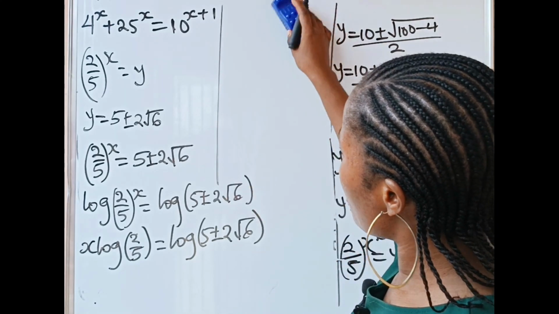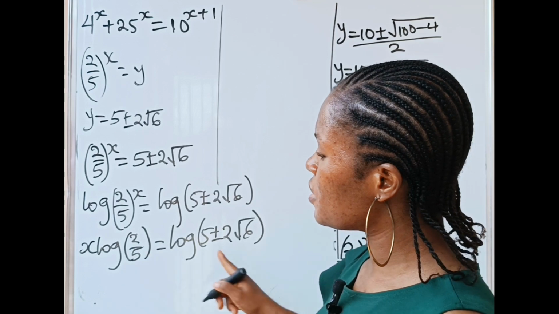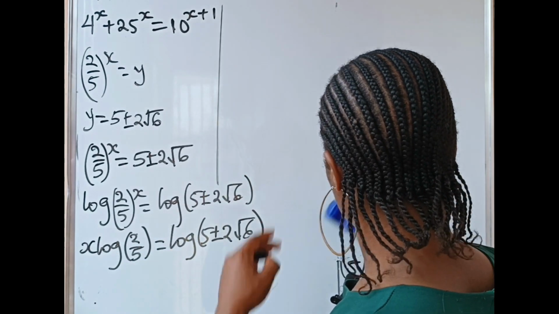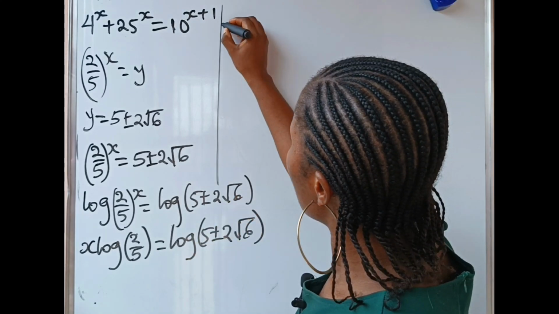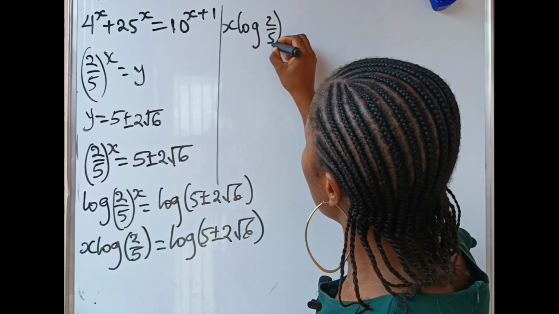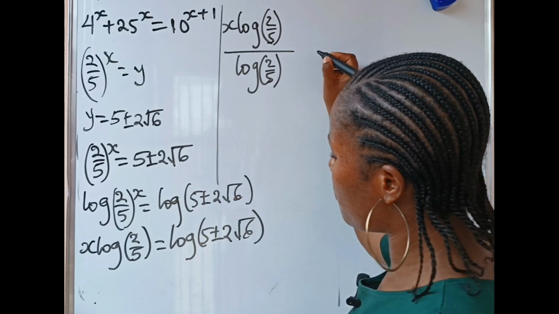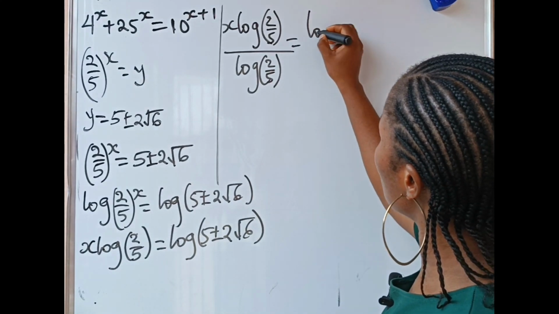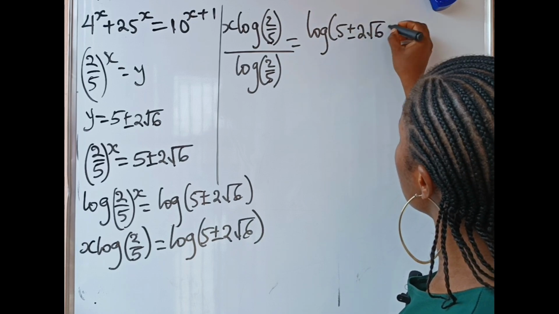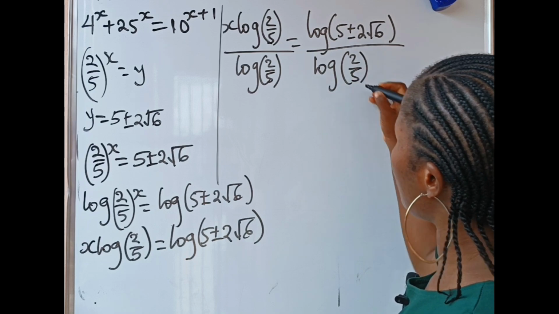Then to get the value of x, we need to divide both sides of this equation by log 2 over 5. So we are going to have that x log 2 over 5, divided by log 2 over 5 is equal to log 5 plus or minus 2 root 6, divided by log 2 over 5.